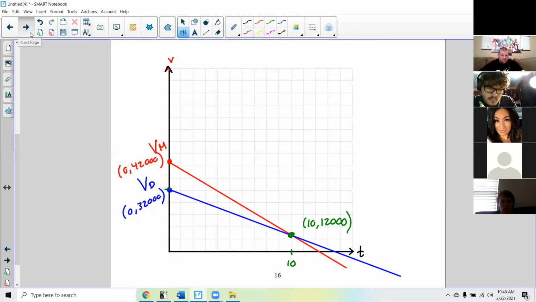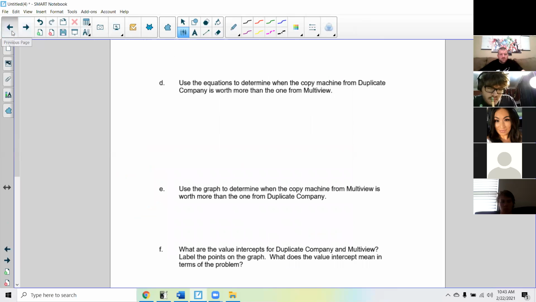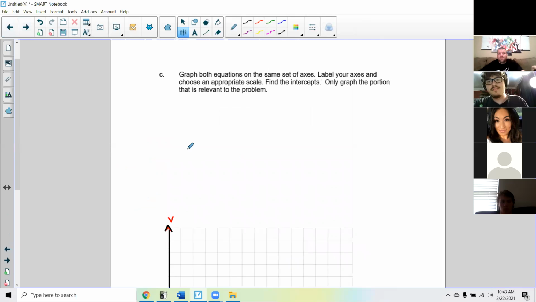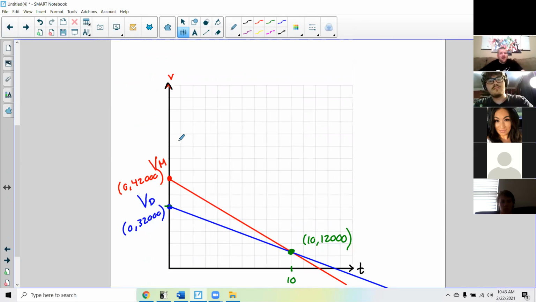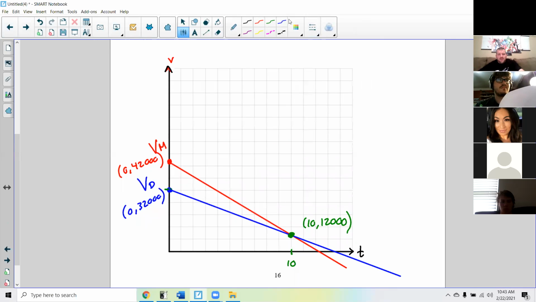So then the next question is going to say, use the equations to determine when the copy machine from Duplicate is worth more. Let's not even waste our time with the equations. It wants to know when the copy machine from Duplicate is worth more. Duplicate here is the blue line. They're the same, they're equal after 10 years.